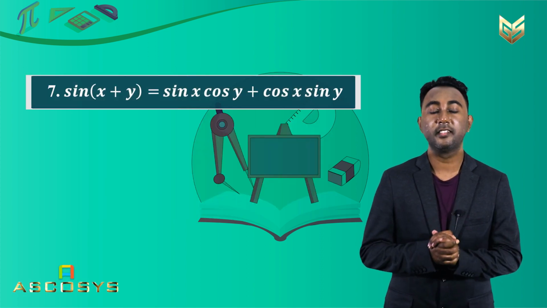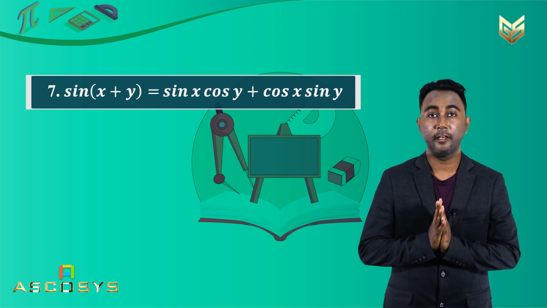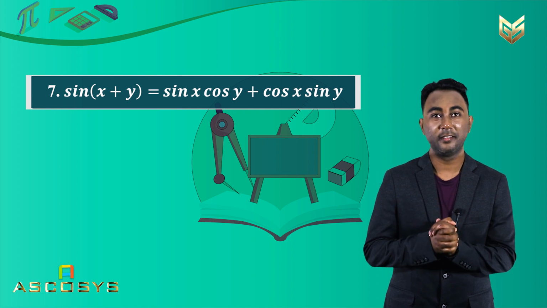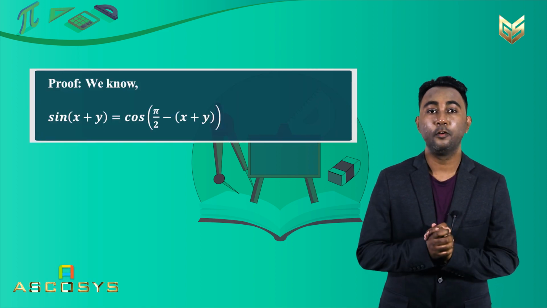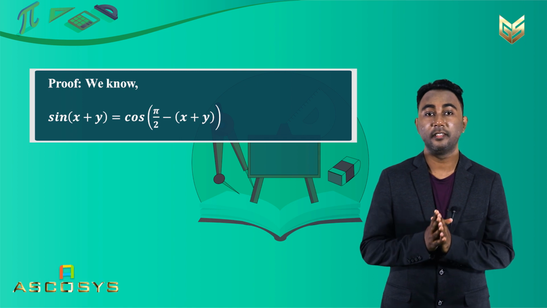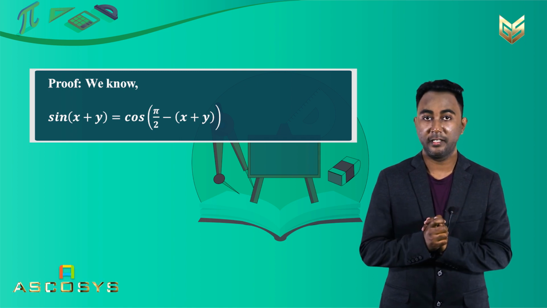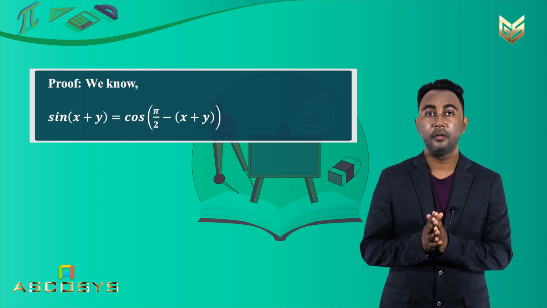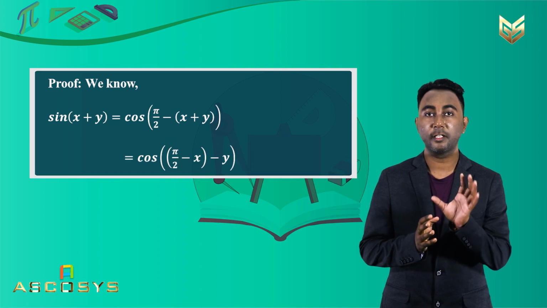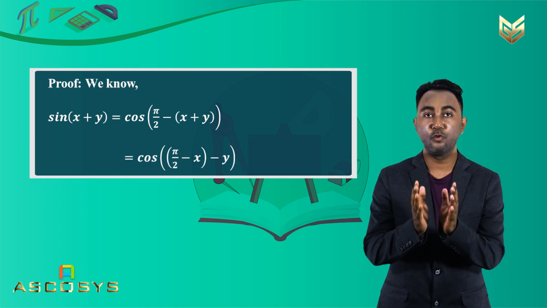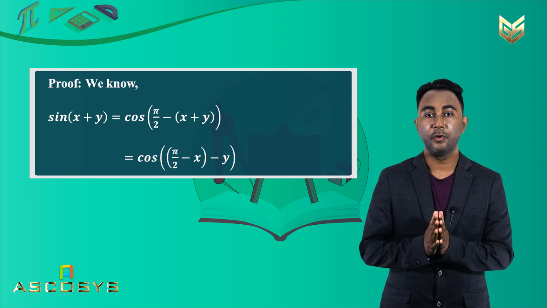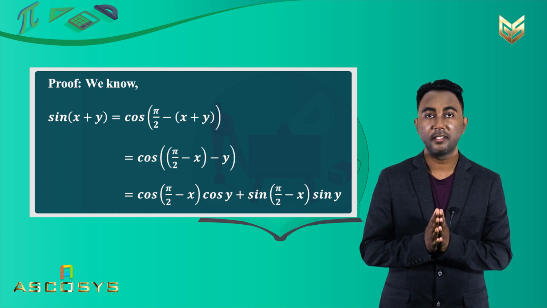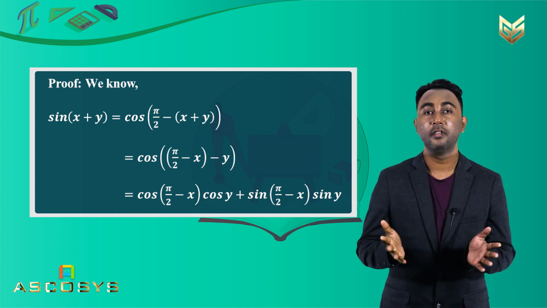Identity number 7 says sin of x plus y equals sin x cos y plus cos x sin y. Now, let us try to prove that. We know from our identity 5 that sin of x plus y can be written as cos of pi by 2 minus of x plus y. Now, this equation becomes sin of x plus y equals cos of pi by 2 minus x minus of y, which is equal to cos of pi by 2 minus x into cos y plus sin of pi by 2 minus x into sin y.